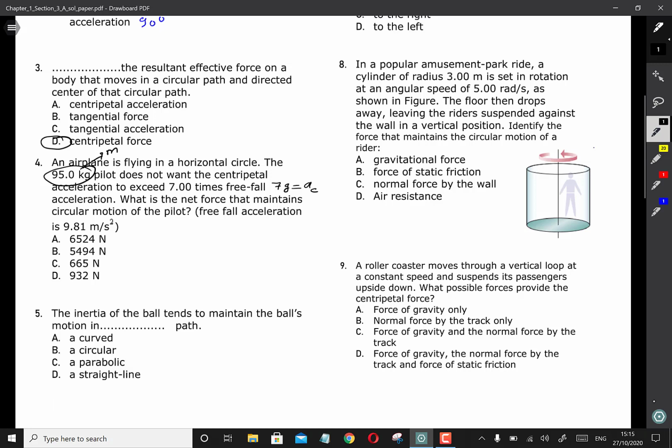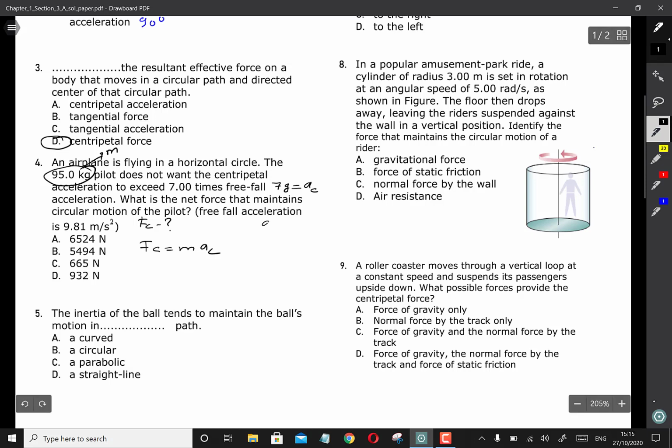So we know that the net force that maintains circular motion of the pilot is centripetal force. The question is about centripetal force, calculate it. We will use the second law of motion because we know that centripetal force is equal to mass times centripetal acceleration. This is also known as Newton's second law for circular motion. So mass is given, AC must be 7g.